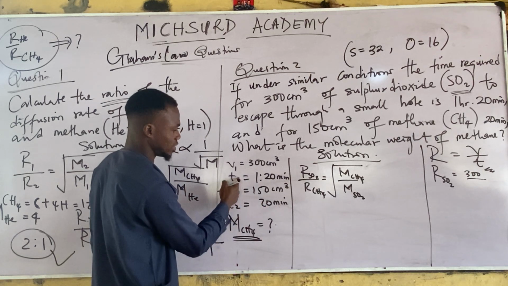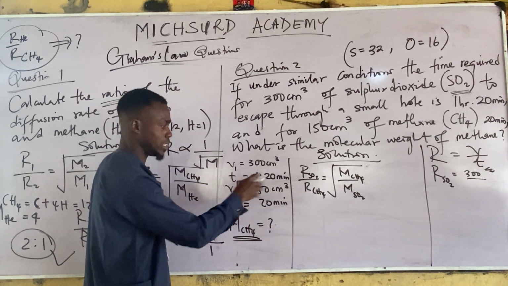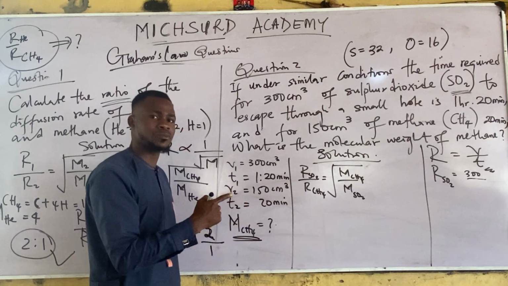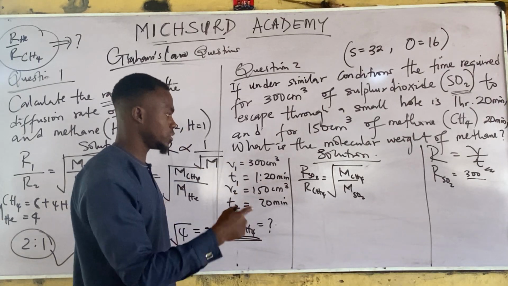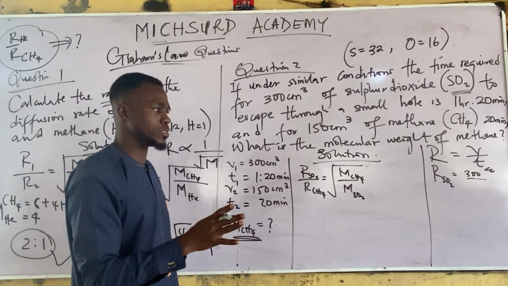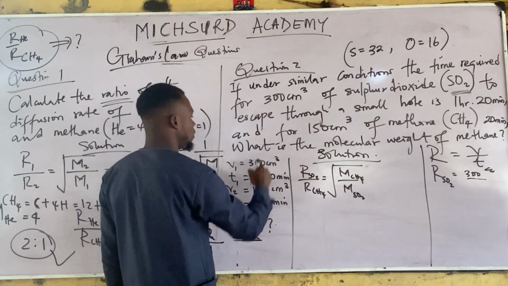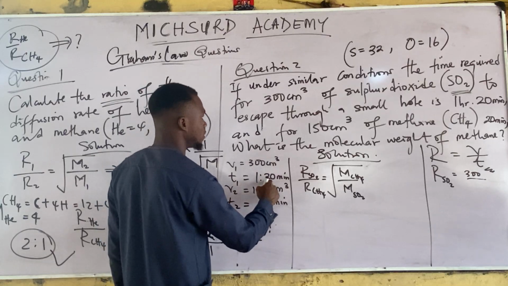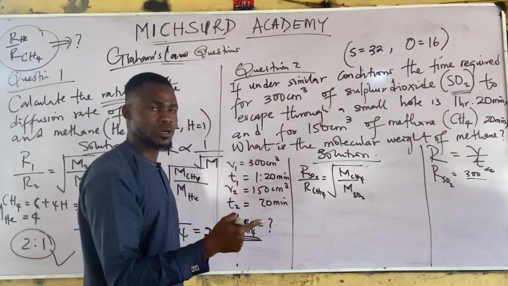So we have to convert T1 to minutes. Here we have 1 hour 20 minutes. If we convert it to minutes, we need to know that 1 hour is 60 minutes, so 60 plus 20 gives us 80 minutes.